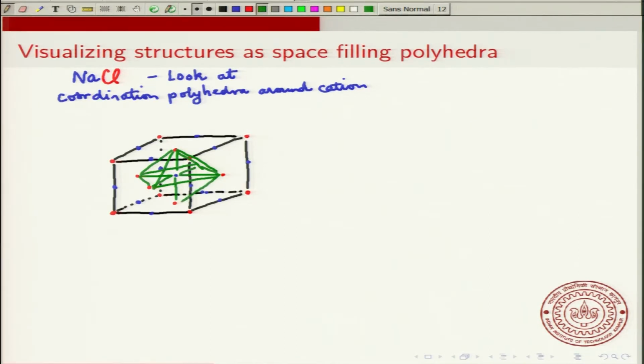You can clearly see what this will form. This will form an octahedron. So, the coordination polyhedron is an octahedron.